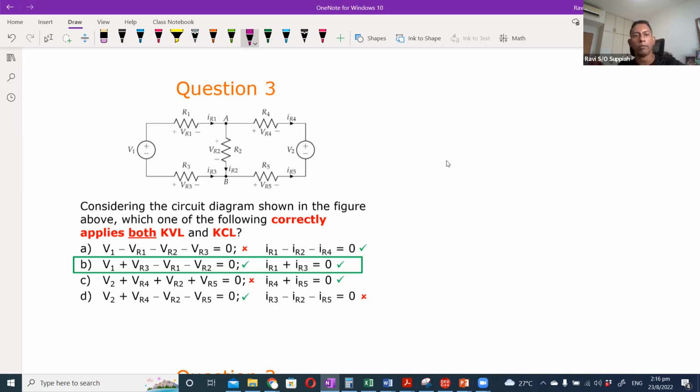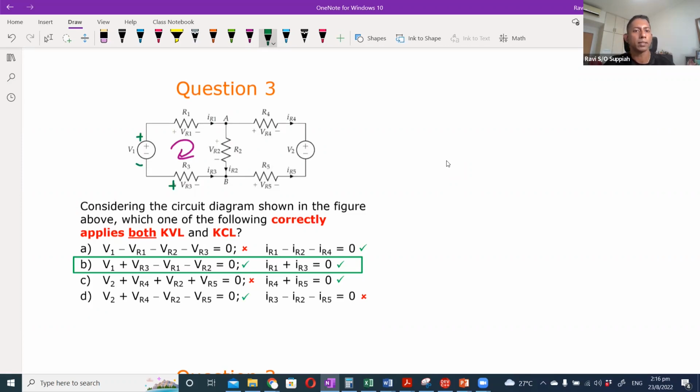If nothing is given, then we are free to make our own assumptions and come up with our KVL and KCL expressions. But in our case, it is already given, so we have to follow what is given. If I look at the loop on the left, if I draw a loop over here, for V1 the plus is on top, minus is below.